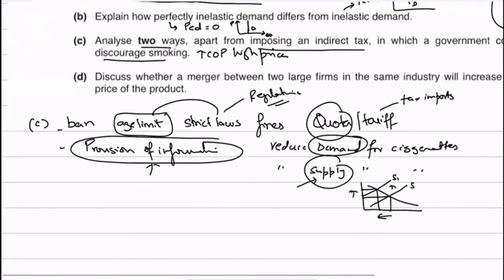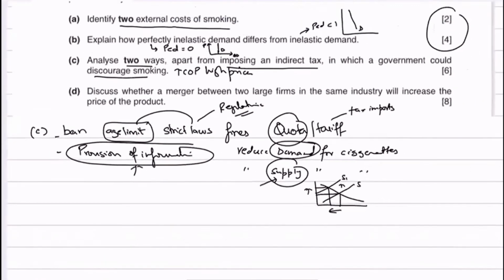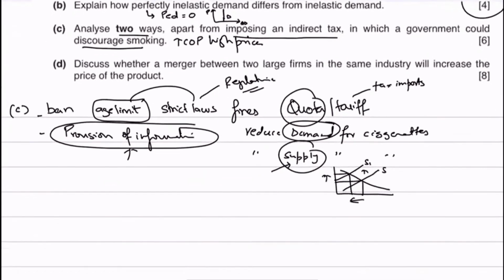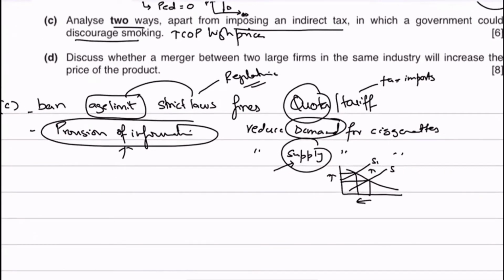So this would be part of your part C, analyze two ways, apart from imposing an indirect tax, in which a government could discourage smoking. You could then keep on elaborating on it. How can the government come up with health campaigns, and how would that reduce consumption? If demand for cigarettes goes down, so would the consumption of cigarettes, right?